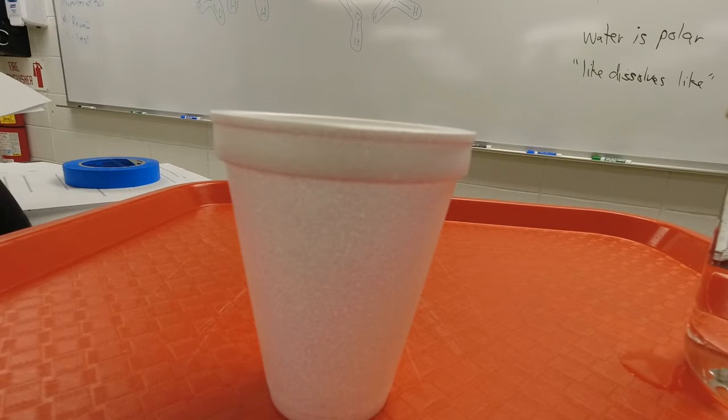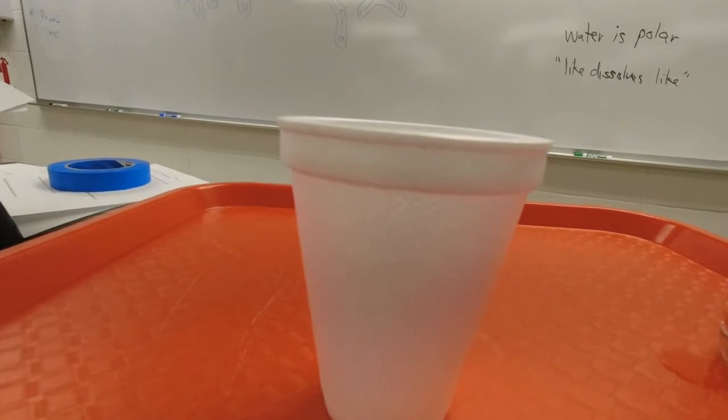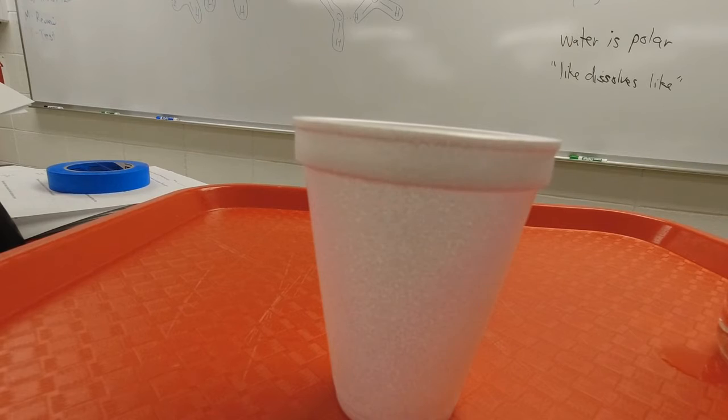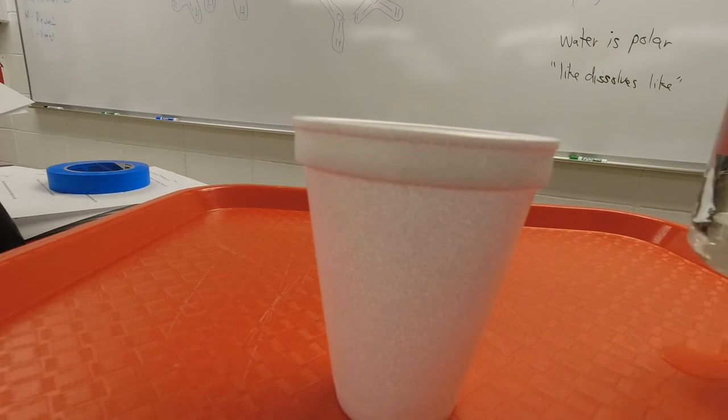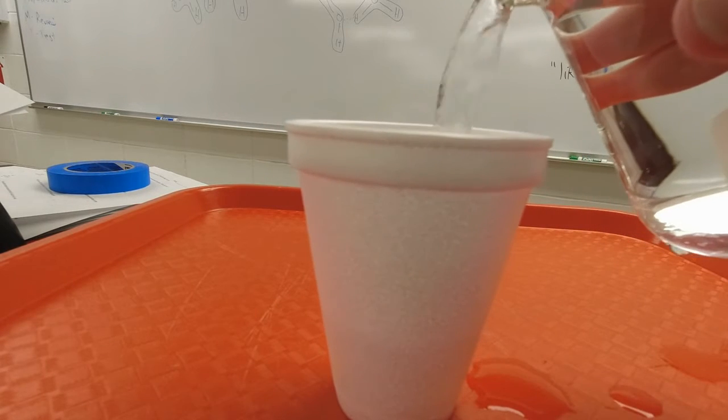All right, in the next step, you're supposed to take a coffee cup, which you're looking at right now, and overfill it if you can. So I'm going to move my camera just a little bit here, and I'm going to pour water into this coffee cup.